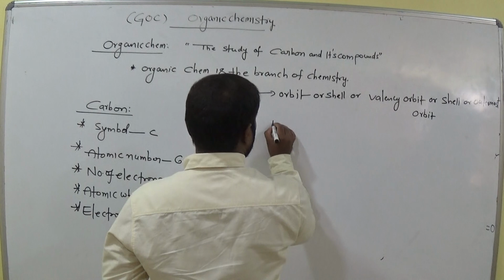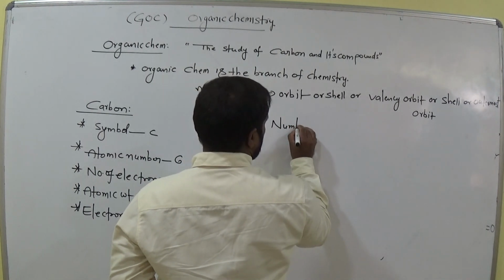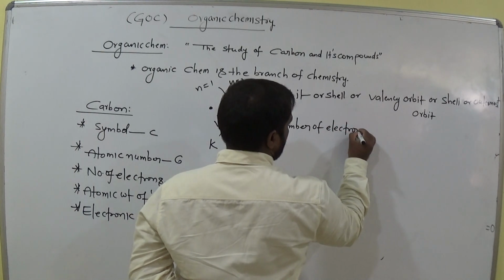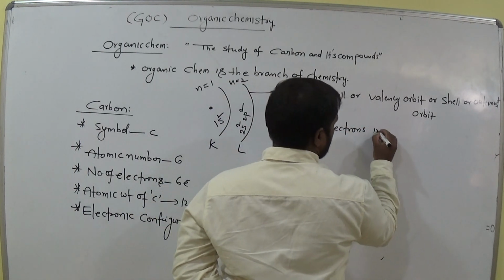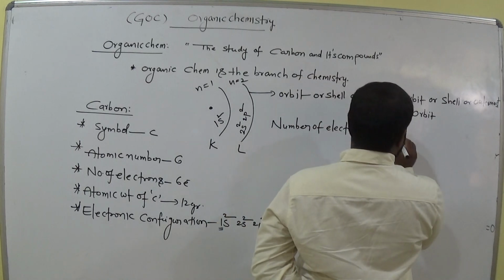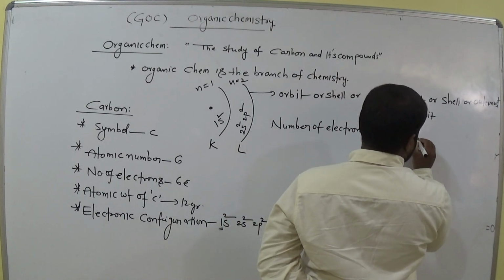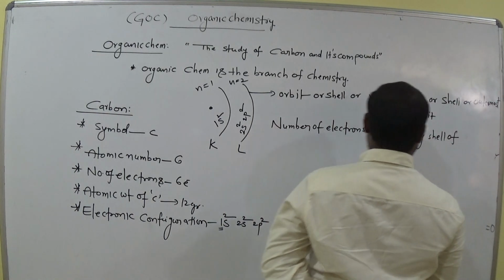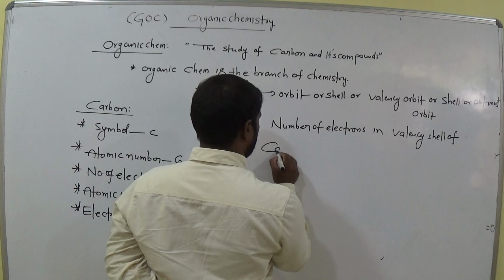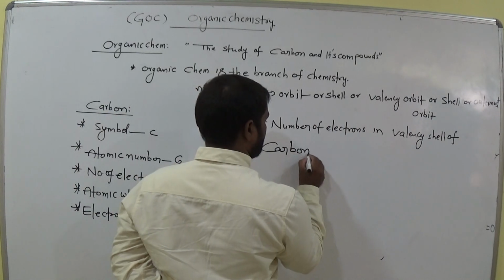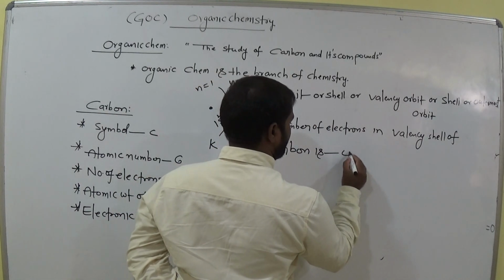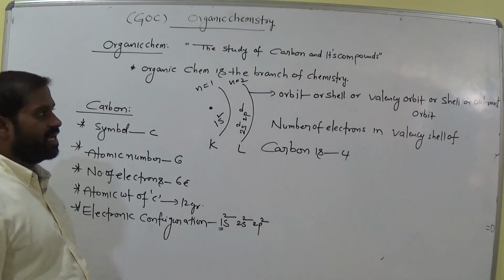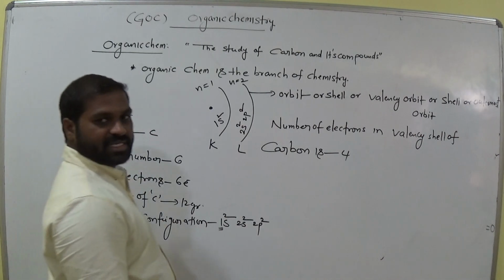Now the number of electrons in the valency shell of carbon is 4, am I right? How many electrons are possible in the outermost shell? 4. Okay, is this clear, all of you?